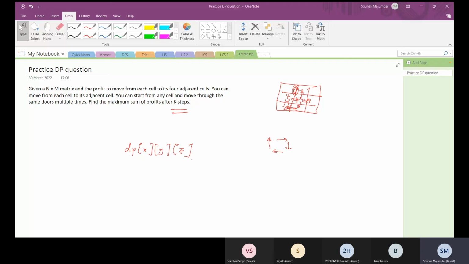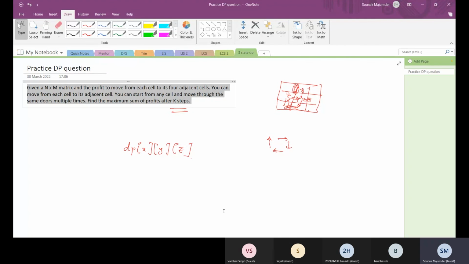Can't we keep moving through one door back and forth k minus 2 times? Yes, you can. But I don't think it would be profitable. I will give you an example, right?